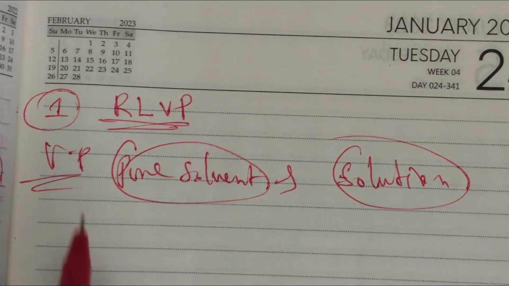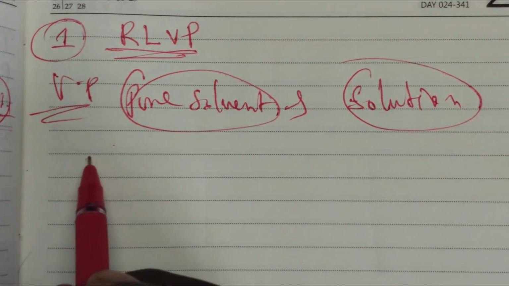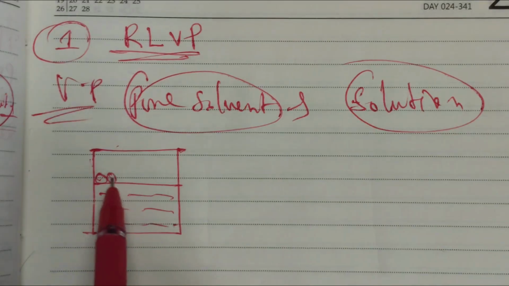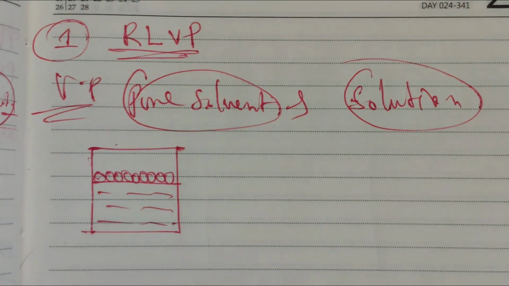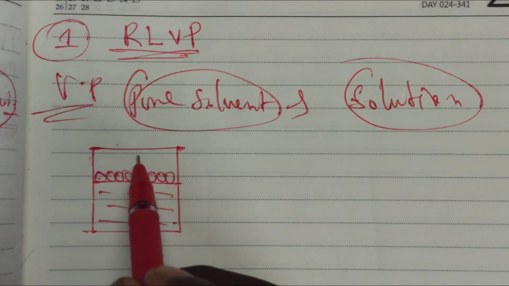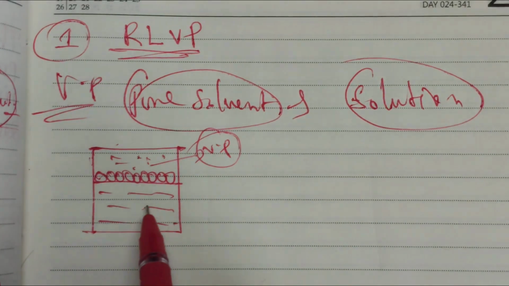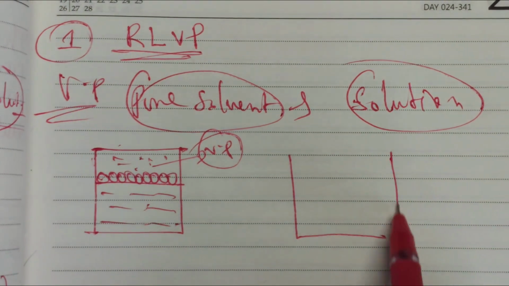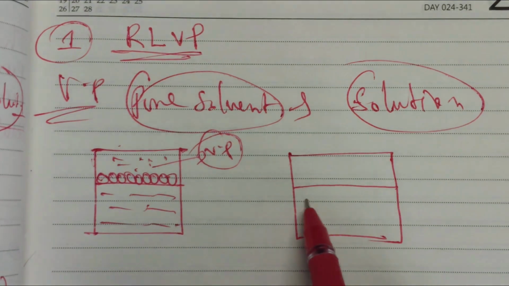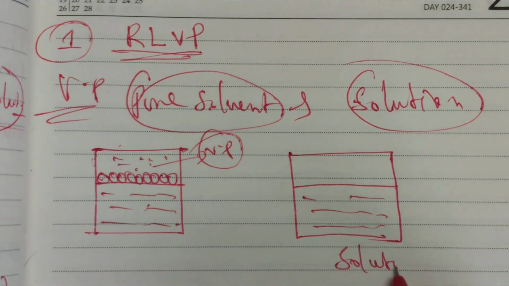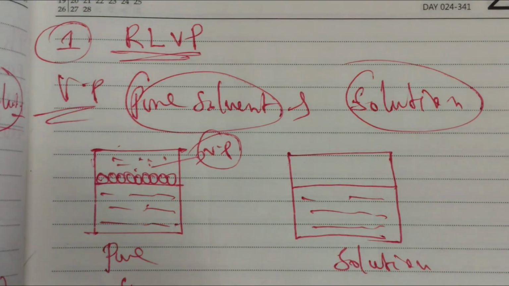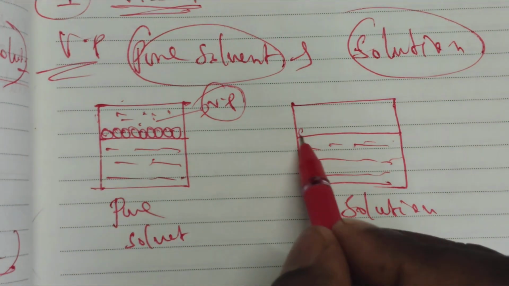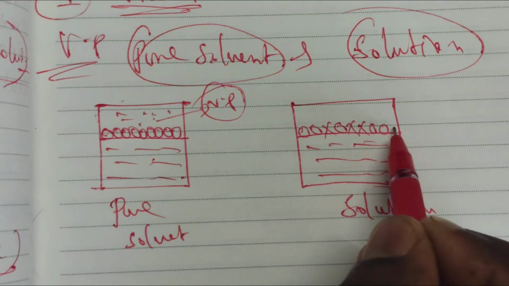In general, in the case of the pure solvent, only the liquid is present at the surface, so the vapor pressure depends on the pure solvent. If you assume a solution, it contains the solute as well as the solvent. At the surface of this solution, both solute and solvent are present.